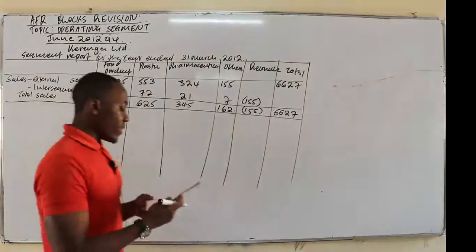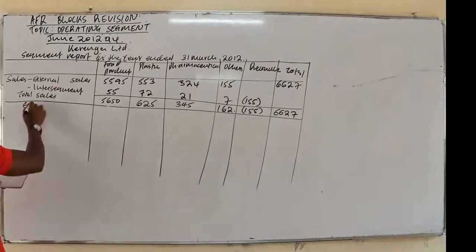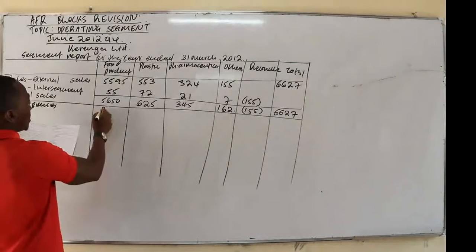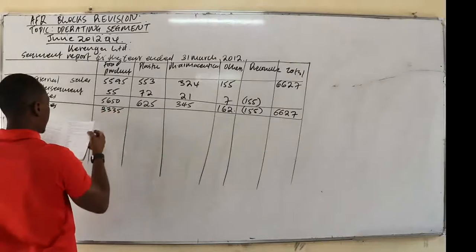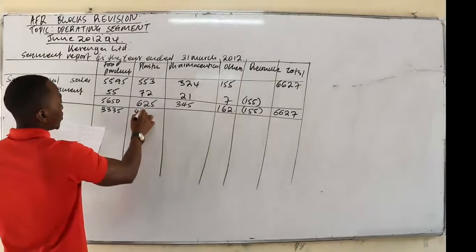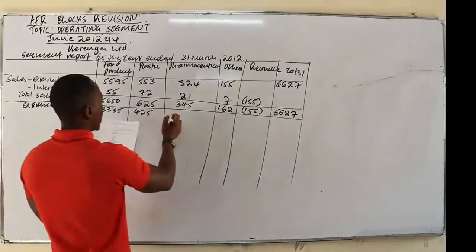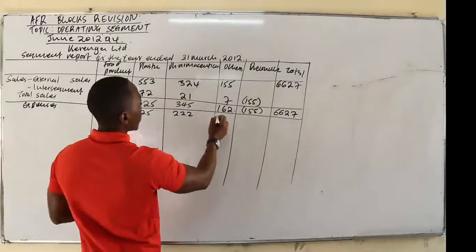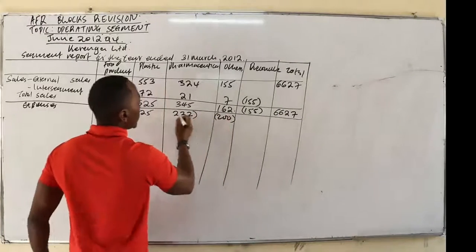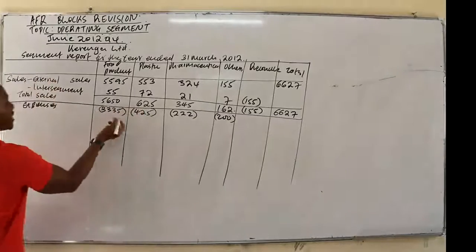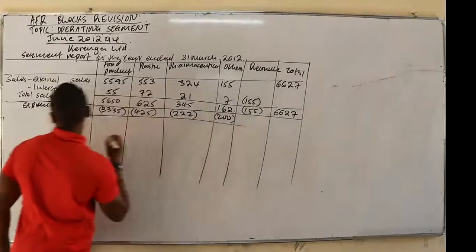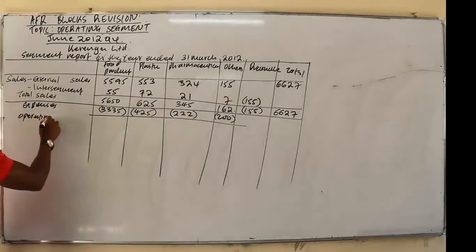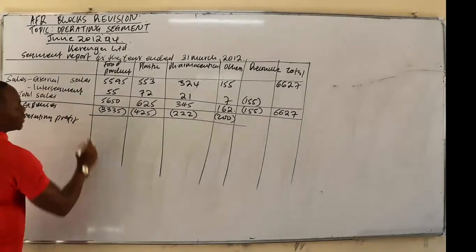So in this case, we are given the specific expenses. We have the expenses. For food was 335, 425, 222, and for others we had 200. If you take the total revenue, you less the expenses, that's how you get your operating profit, as simple as that.